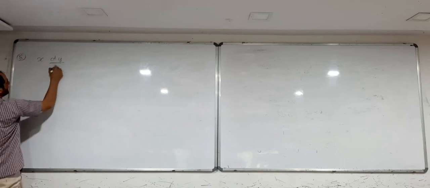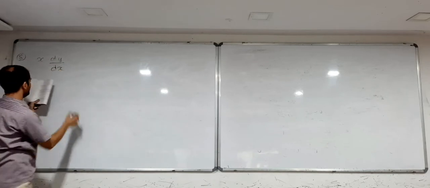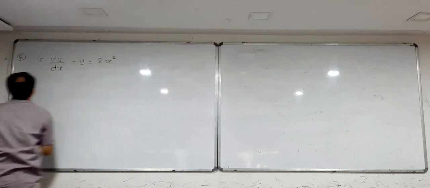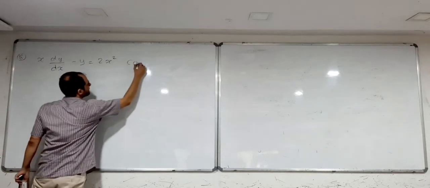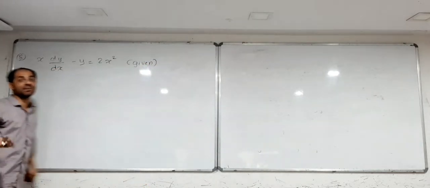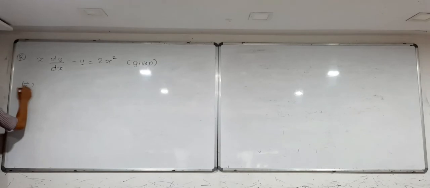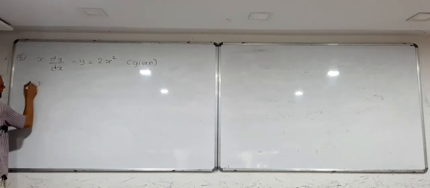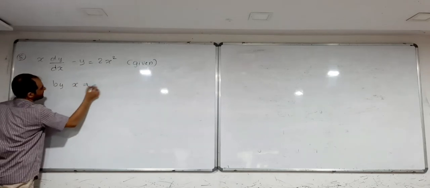The differential equation is given as x into dy by dx minus y is equal to 2x square. So what do we do? Divide by x. This is a linear differential equation of first type, so divide by x, which is not equal to 0.